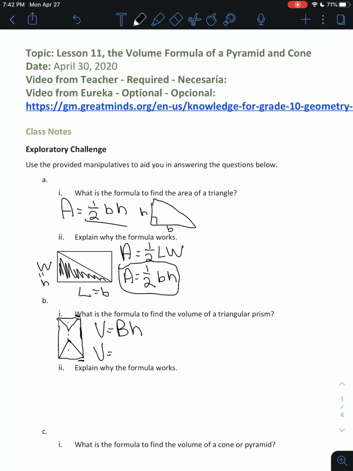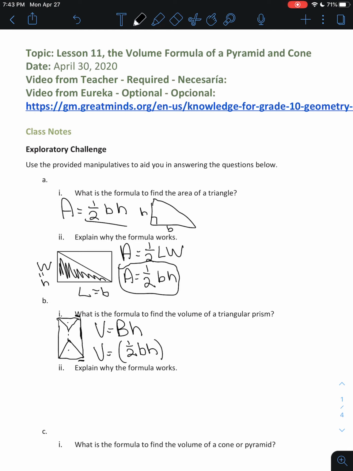So 1/2 base times height, right? That takes care of our base, right? And then we take this and we're multiplying it by the height of the 3D shape.